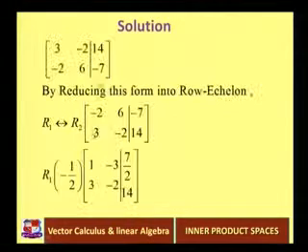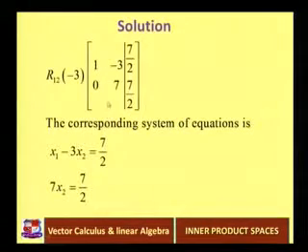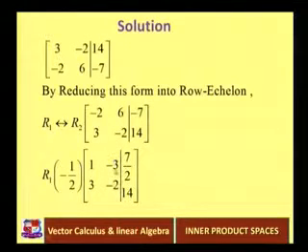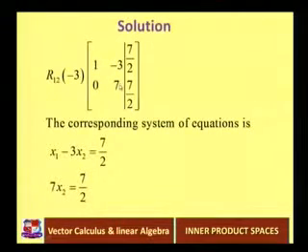After doing this operation, multiply this 1 into minus 3 and the value is minus 3, and add to 3, and the resultant value is 0. Again, multiply this minus 3 into minus 3 and the resultant value is 9, and add to this minus 2, the resultant value is 7.